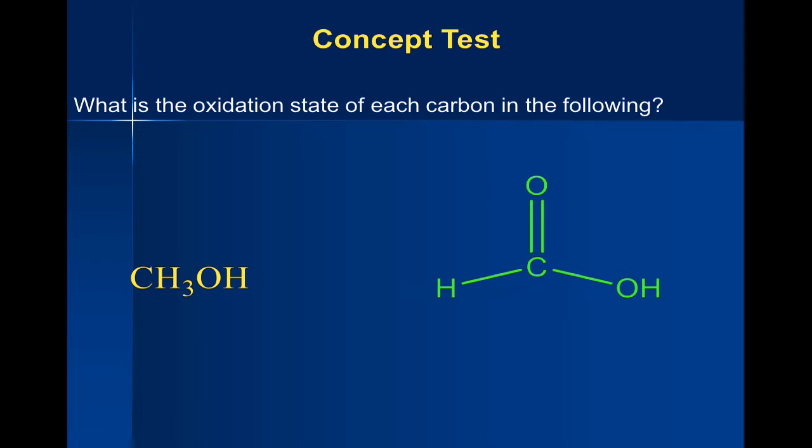Let's look at methanol. What do we do? So it comes in with 4, and how many do we assign to it? 6. Is that more or less reduced than ethanol? That's right. It is in a higher oxidation state. It is in a more reduced state. How about for the formic acid?